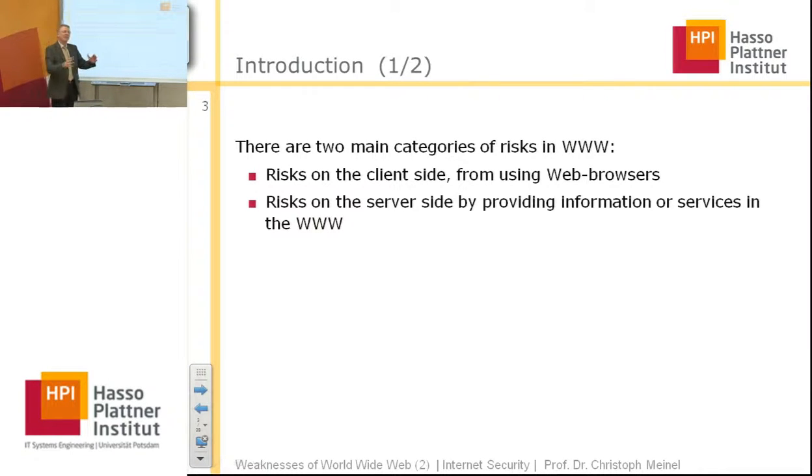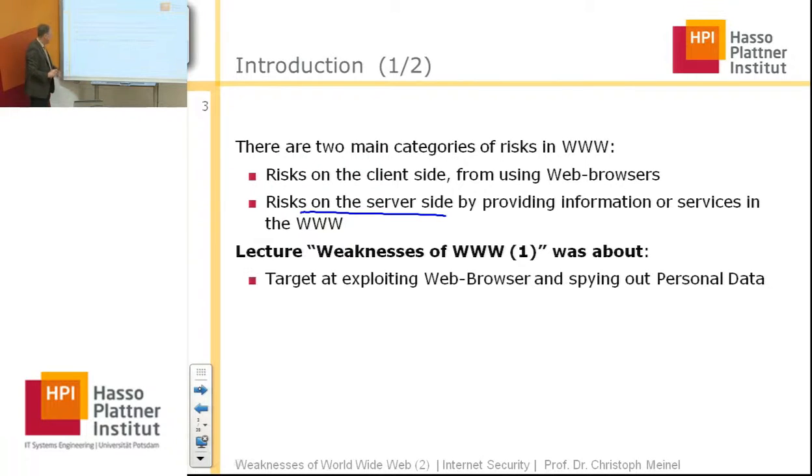And then there is the other side, the side of the resource provider, the service provider, on the side of the servers. So when we discuss security risks in the World Wide Web, we have to distinguish between risk on the client side and risk on the server side. And this second lecture on weaknesses of the World Wide Web is the discussion of risk on the server side.